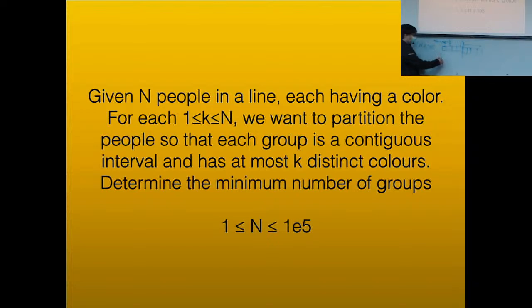Because for a fixed value of k, even though k can be large, let's say n over 2, you know the maximum partition can be at most 2, but it still takes O(n) to find out the exact number, right? So that still takes O(n) for every fixed value of k.